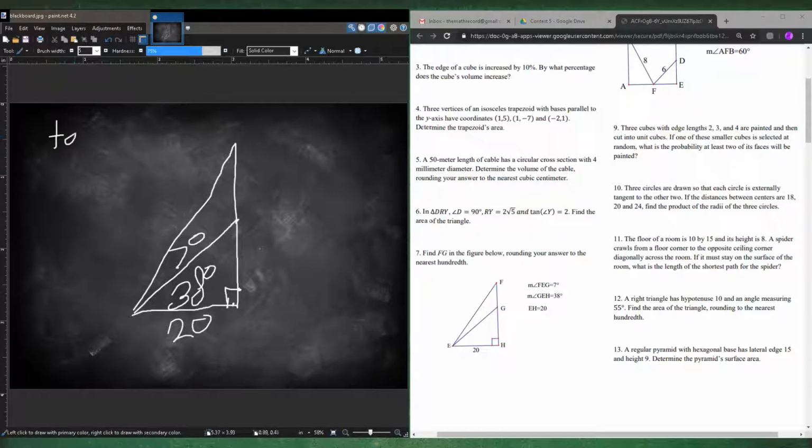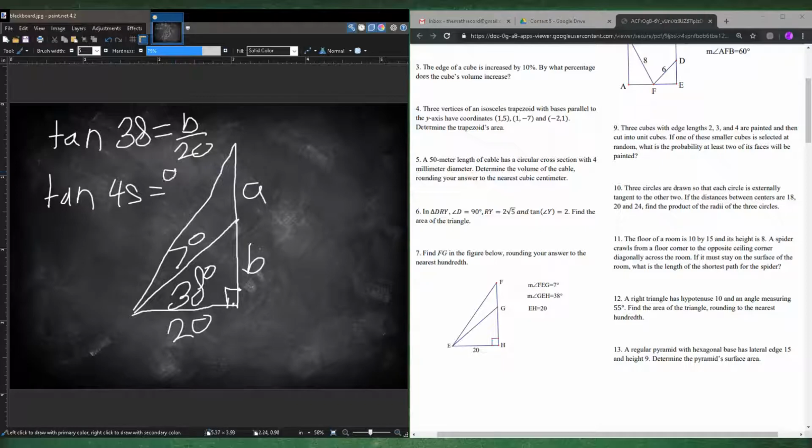So basically, tangent of 38, we'll call this A and B, will equal B all over 20. And tangent of 38 plus 7, which is 45, is equal to A plus B all over 20.